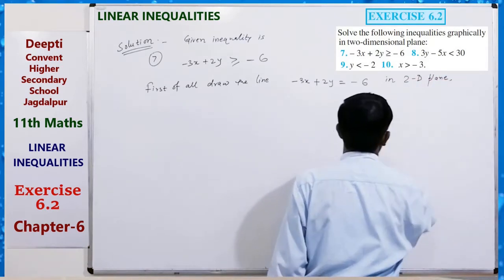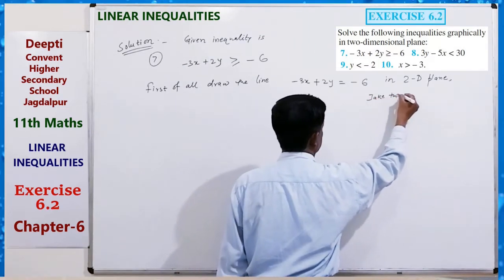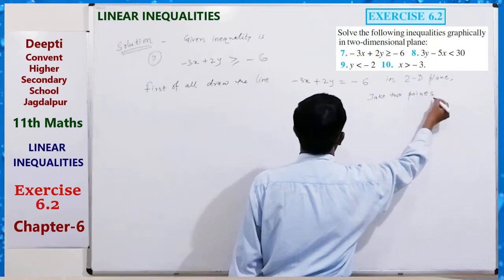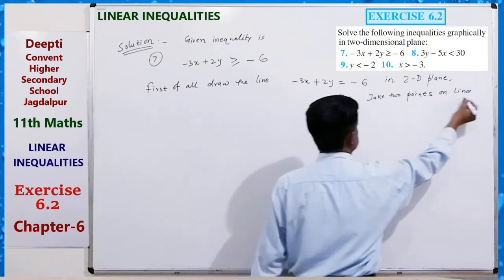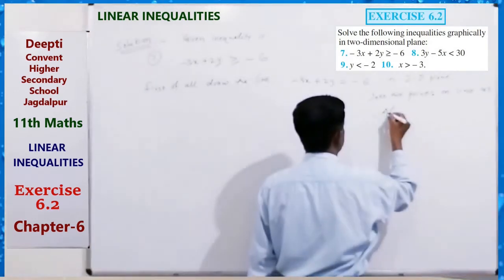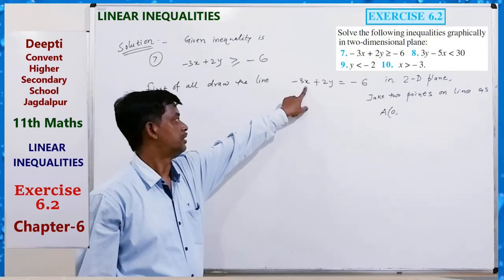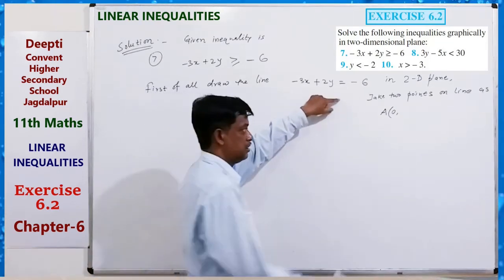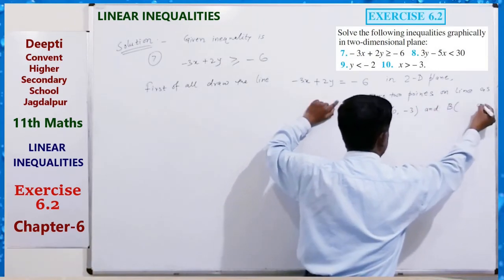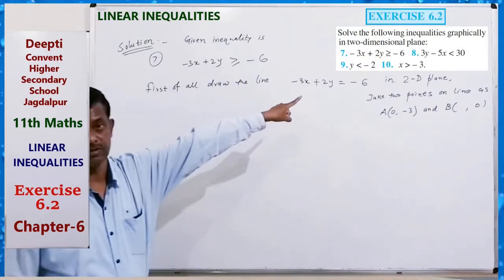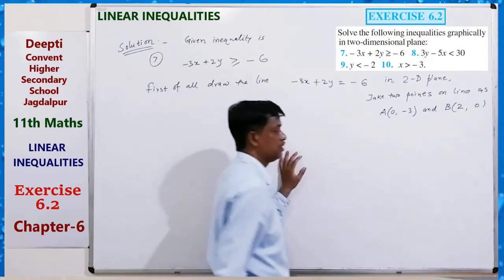Take two points on the line: if x is 0, then y equals minus 3, and if y is 0, then x equals 2. So these are the two points on the line.